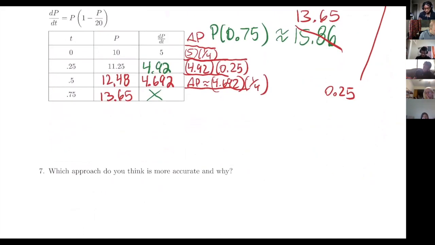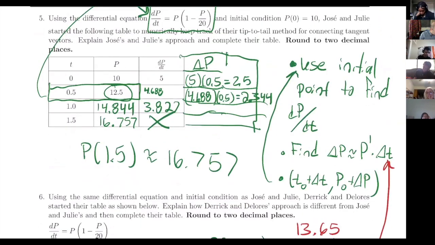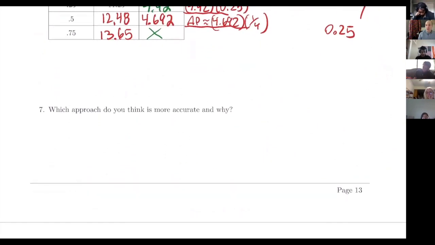So in comparing your answers in 5 and 6, which approach do you think is more accurate? Okay, and why is 6, Abraham? I guess 6 would be better because there are smaller increments of change.